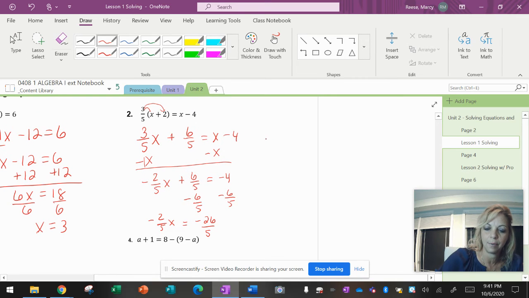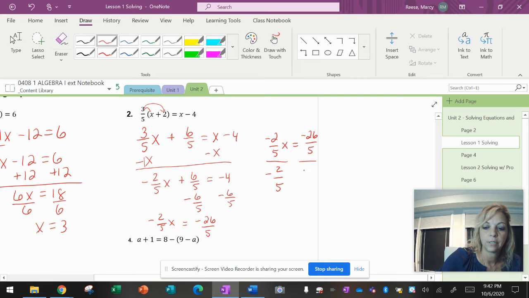And again, let me bring this up to the side so that you can see this. So I'm going to copy this. So I got -2/5 x equals -26/5, okay? So what I see next is a number times x equals another number. So I'm going to divide by -2/5.